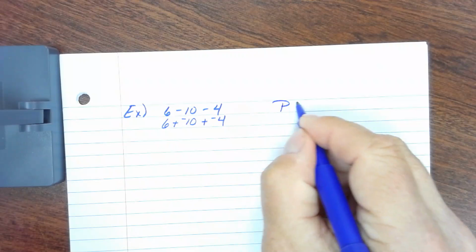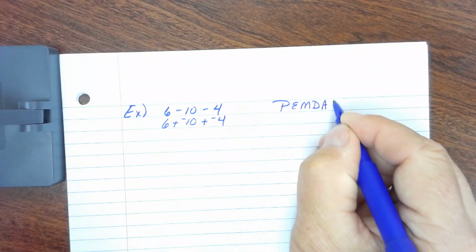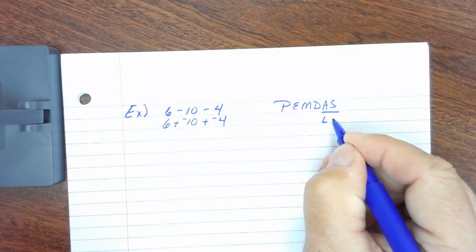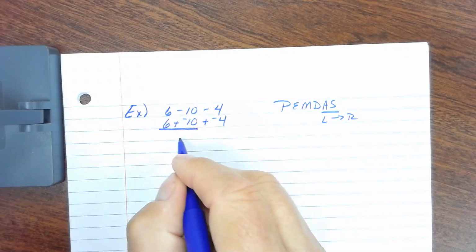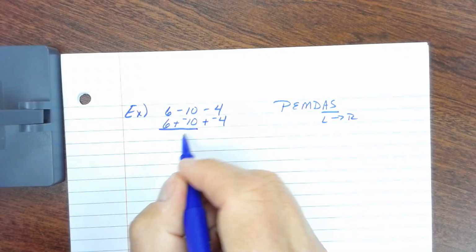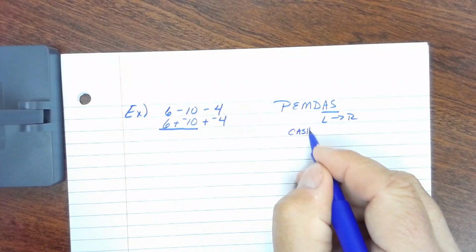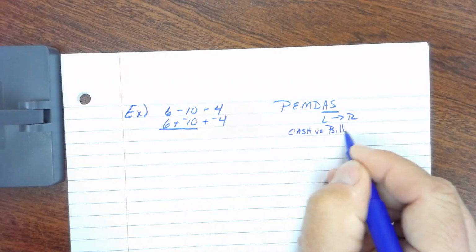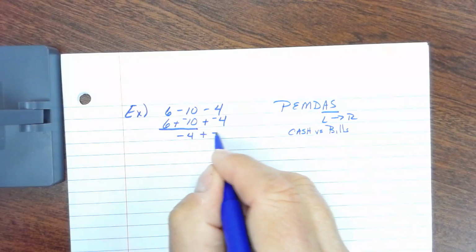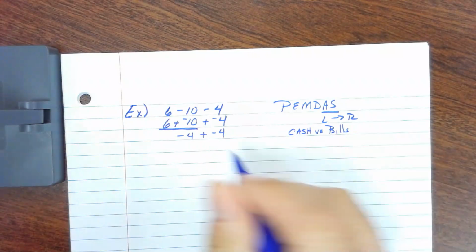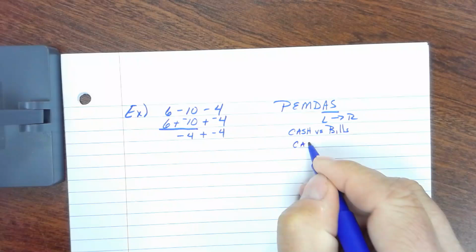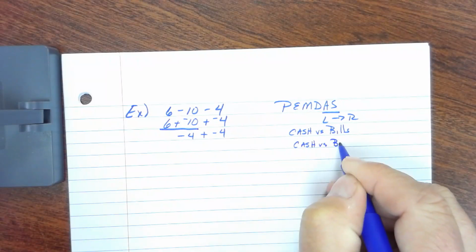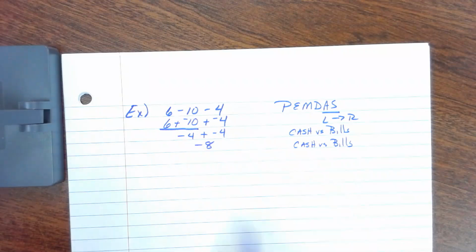Then, as we have talked multiple times in PEMDAS, it is from left to right. So 6 minus 10, 6 and a negative 10, cash versus bills is a negative 4, plus another negative 4, bringing that straight down. Cash versus bills again gives me a negative 8. Final answer.